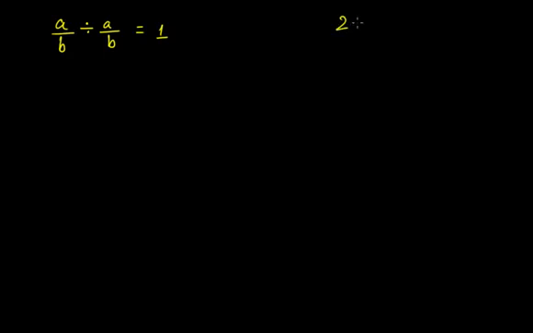Let's say you divide 2 by 2, or 4 by 4. In all these cases you are going to get 1 only. The quotient will be 1 only. It doesn't matter whether the number is an integer, a fractional number or a rational number. If you are dividing a number by the same number, then you'll get back 1 only. That's important.